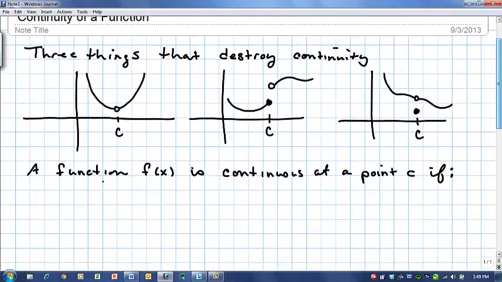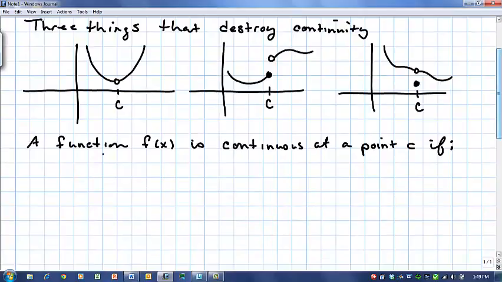Okay, so we have three things that destroy continuity, so we have to make a statement about each of these three things. So what destroyed the continuity here is the fact that the function is not defined at c.